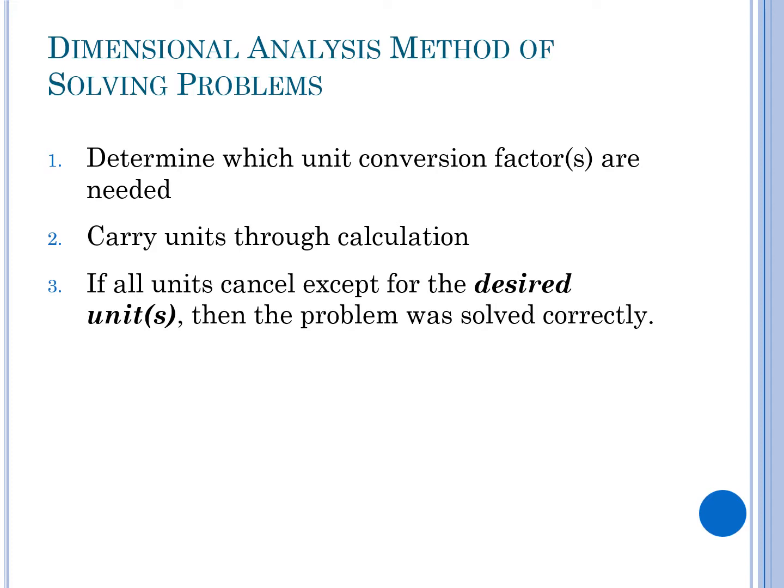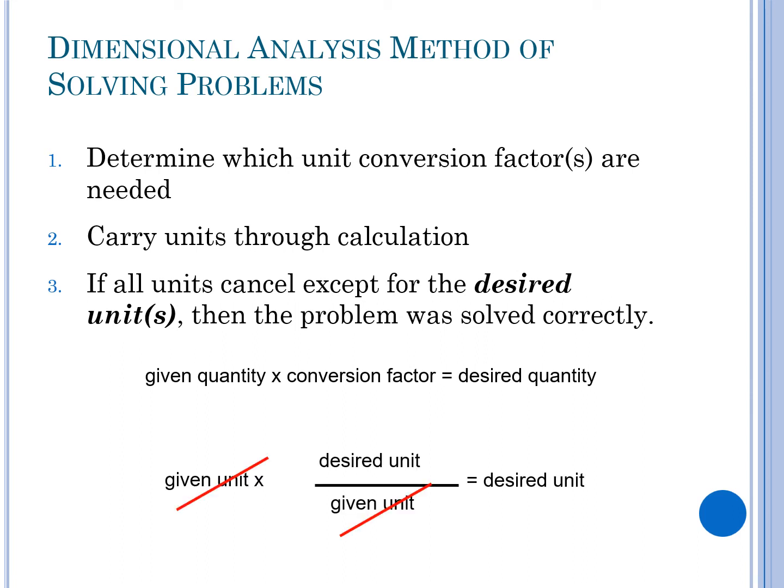We can't simplify anymore. In terms of dimensional analysis as a method of solving problems, we have to determine which unit conversion factors are needed, and then carry the units through the calculation. If the units cancel except the desired units, then the problem is solved. Given quantity times conversion factor equals desired quantity.